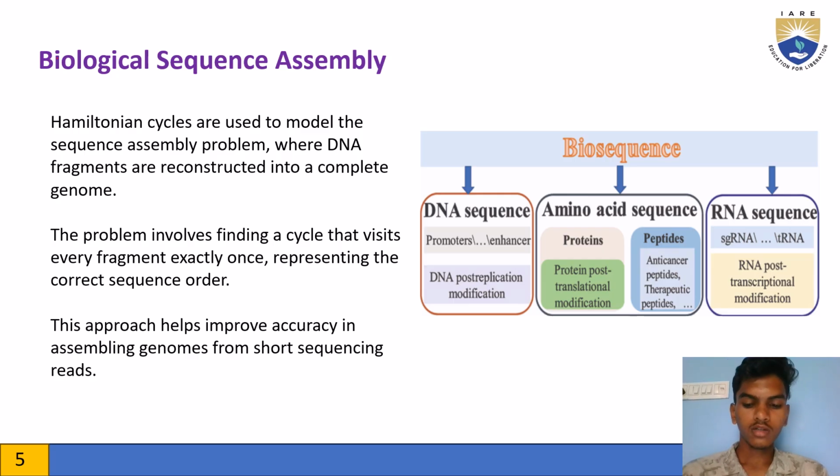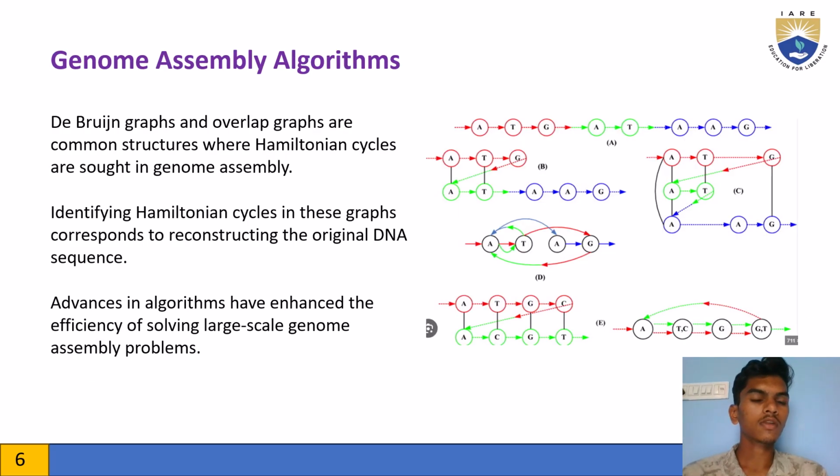And coming to our next slide, which is genome assembly algorithms. De Bruijn graphs and overlap graphs are common structures where Hamiltonian cycles are used in genome assembly.